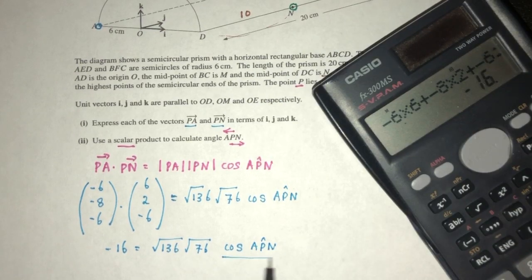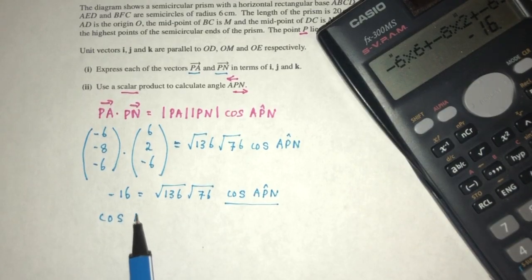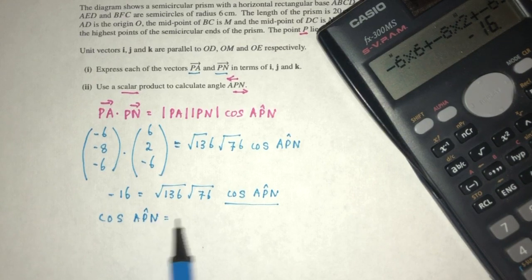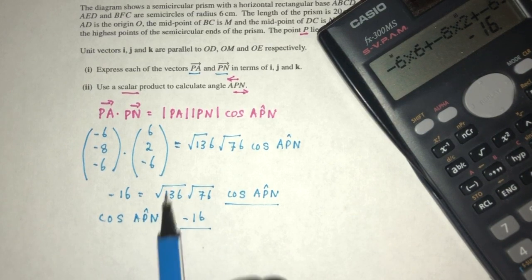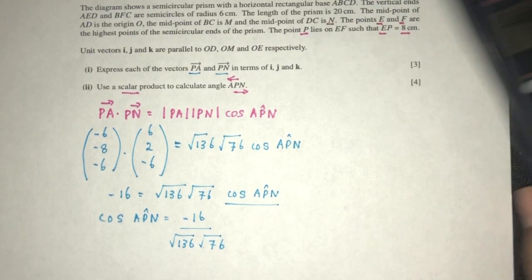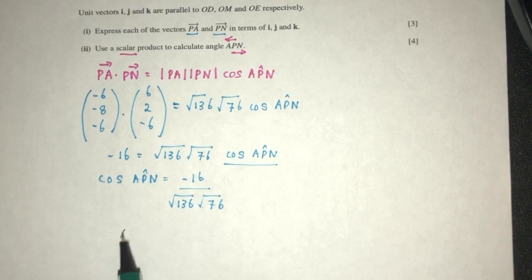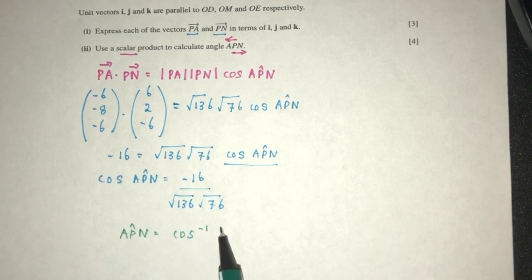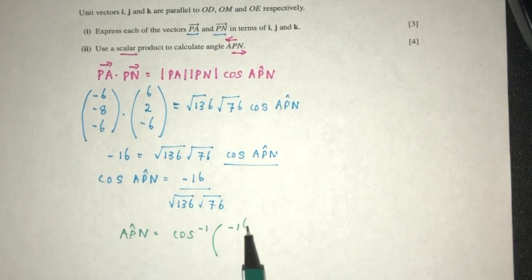Now we have to make cos the subject, so you have cos of APN is equal to minus 16 divided by this value, right? And then the last step is pretty simple. We just have to find the angle APN, which will be cos inverse of this whole thing over here.